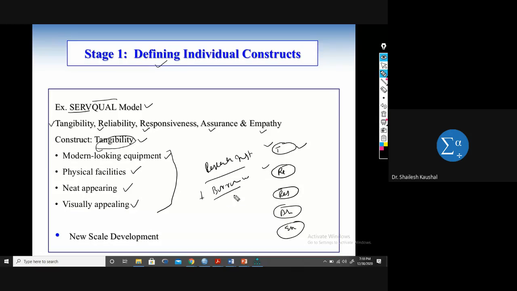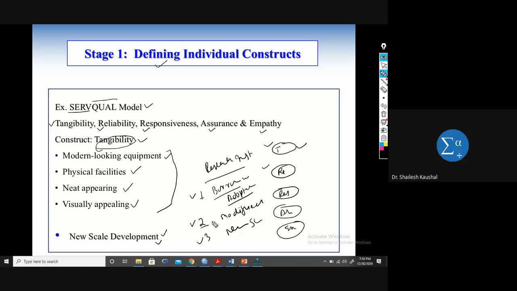The second is modified: it was previously used by someone, but I modify it according to our conditions. The third is new scale development, where you develop your own scale, but it takes a lot of time and it is not easy.